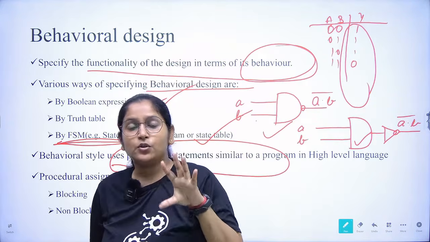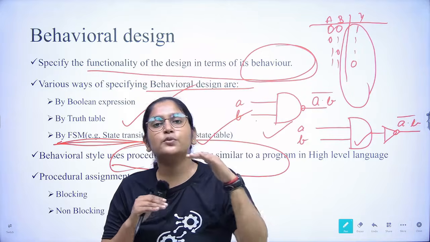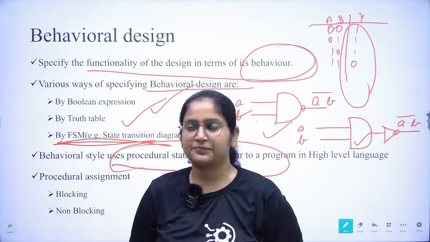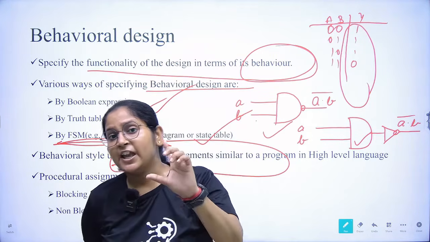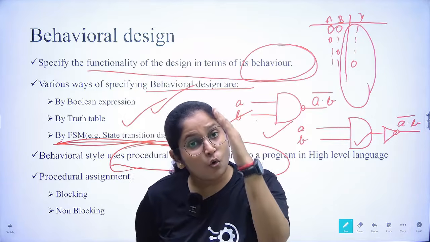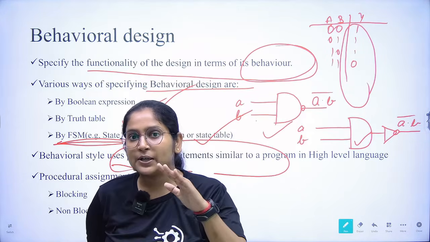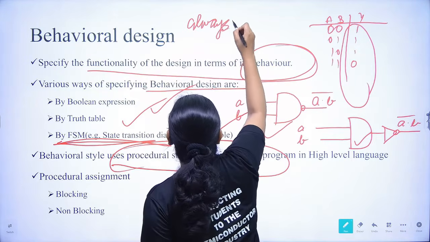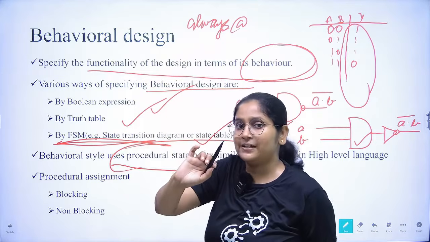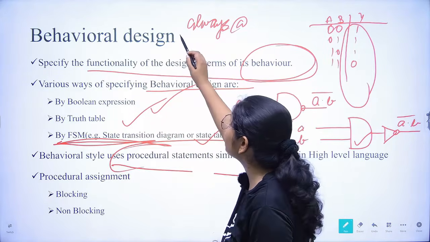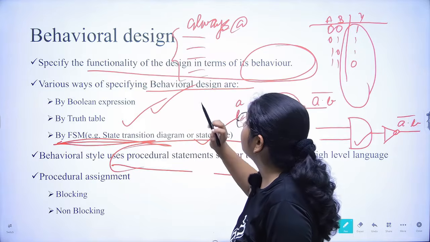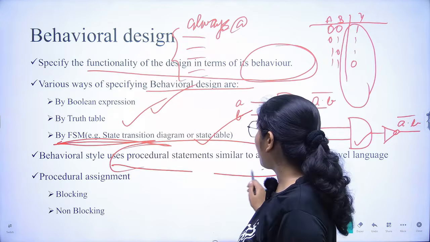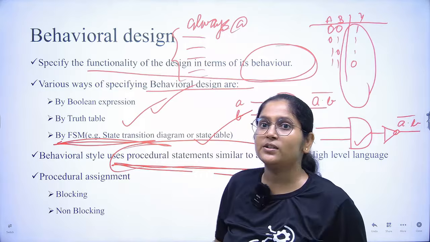Whatever the logic is, we write it in the form of procedural statements, and all those statements are written inside a keyword, the always at the rate keyword. Whatever procedural statements you write, you will write inside this always block. The important part is when you talk about procedural assignments.